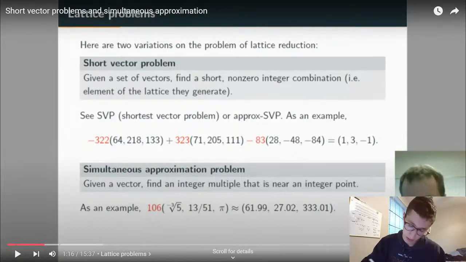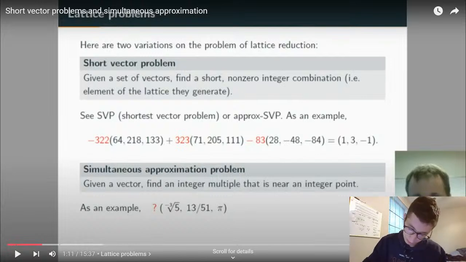The informal definition is: given a vector, find an integer multiple closest to an integer point. The vector has entries like -3, 5, 15/51 and pi.